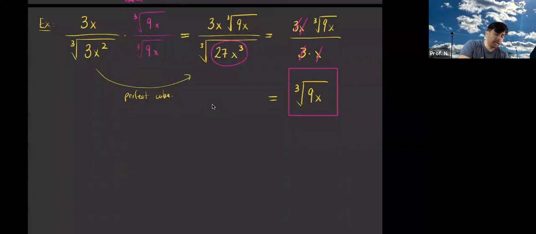Okay, now the last thing for today is still along these lines of division, but now I'm going to be using what's called the conjugate. So we're going to be rationalizing the denominator using the conjugate.